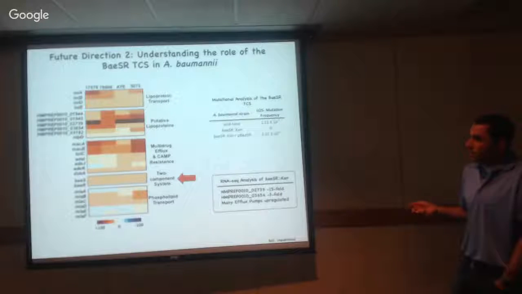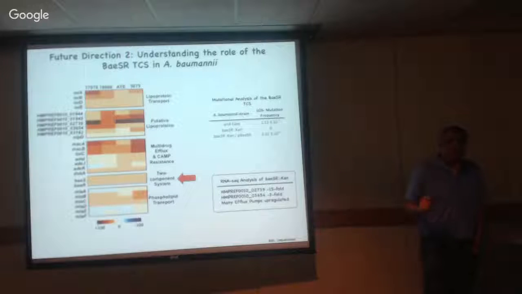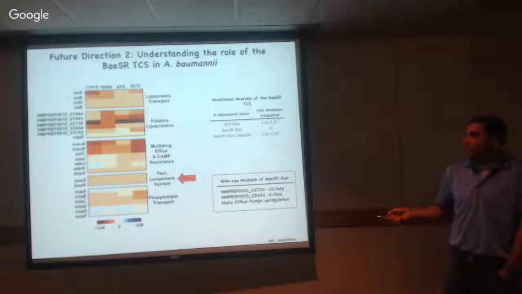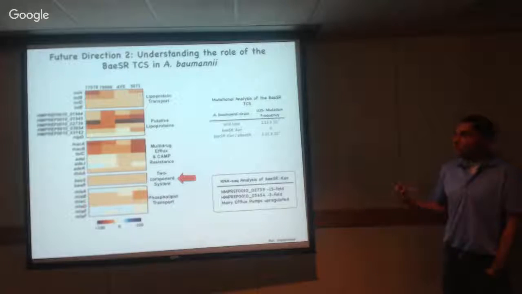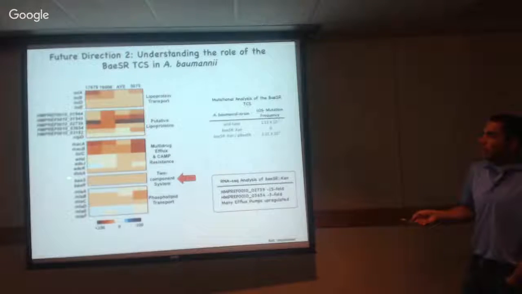Something else that I'm interested in for this project is this two-component system. Bacteria use these two-component systems to sense and respond to environmental changes. This BAY-SR two-component system has not really been characterized in any bacteria previously. There's been a couple of reports on it, but nothing that significant has stood out. These were both upregulated tenfold in our RNA-seq analysis.